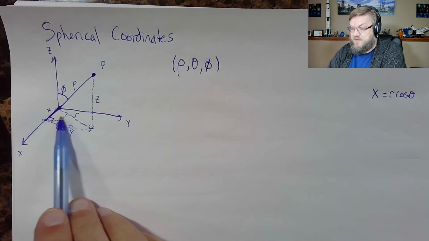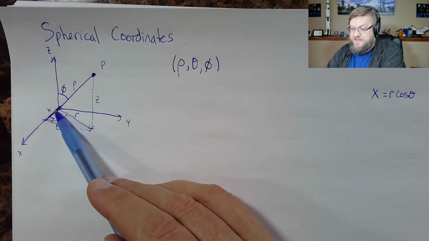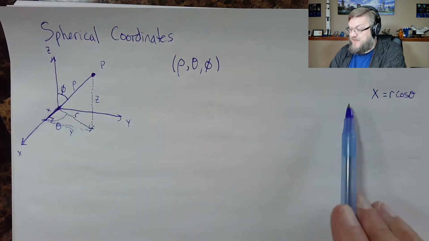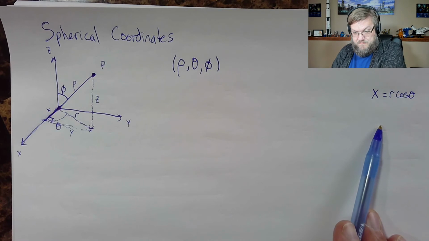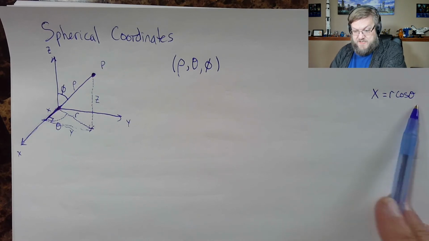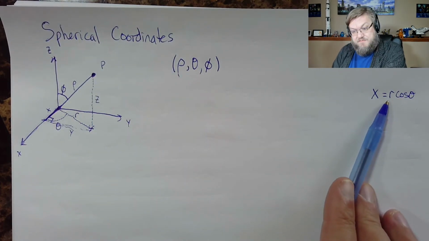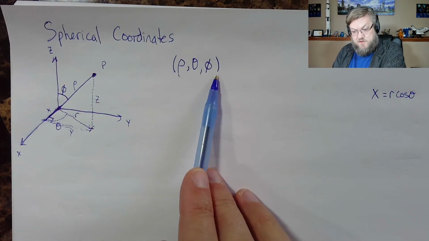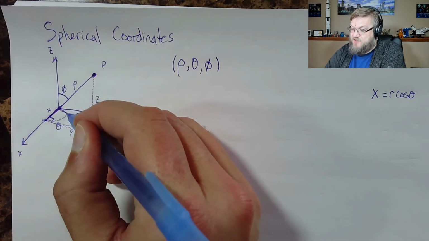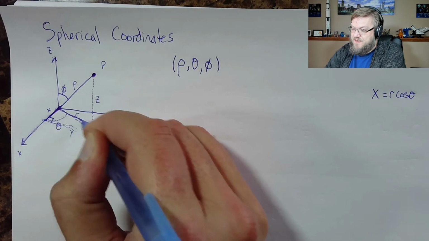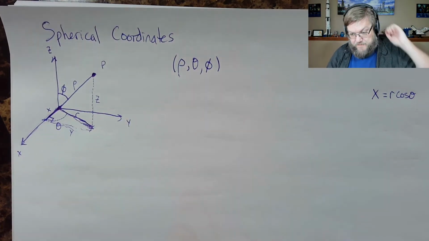Because cosine of this angle is the adjacent side, x, divided by the hypotenuse, which is r. So cosine of theta is x divided by r. This would be good because theta is allowed in spherical, but r is not. r is not a member of spherical coordinates. So what that means is now I need to find a description for r in terms of spherical coordinates, in terms of rho, theta, phi.